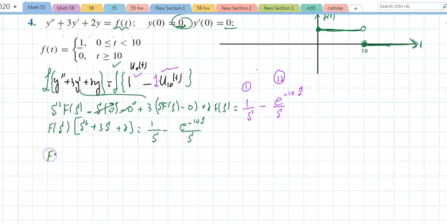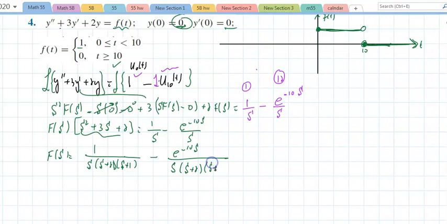So I get f of s to actually equal 1 over s, and I know this factors, that is s plus 2 into s plus 3 into s plus 1, minus e to the negative 10s over s into s plus 2 into s plus 1.